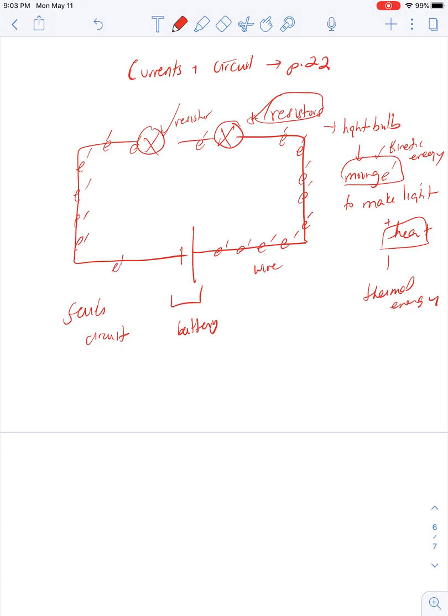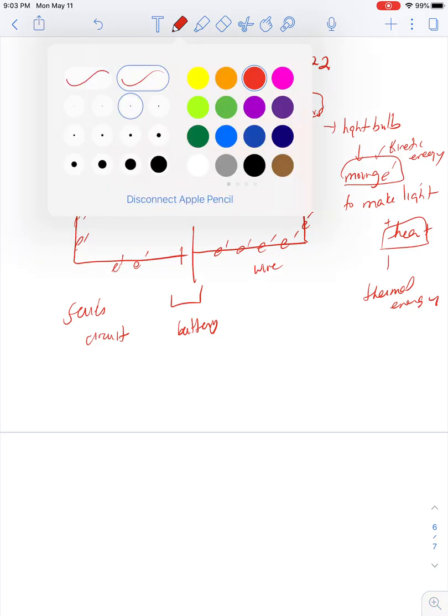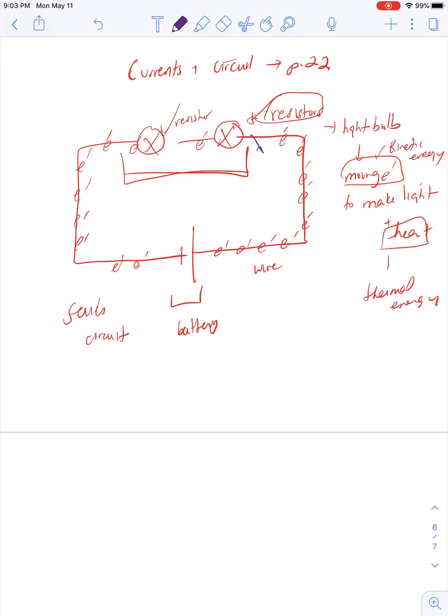And the reason why I call this a series circuit is because these light bulbs are arranged in a series, like right beside each other. And in a series circuit, if this part of the circuit is broken, like right here, let's say we break it here, well, this will work, but this will not work. So if you break a connection in a series circuit, then when the electrons come back, actually, this also won't work.